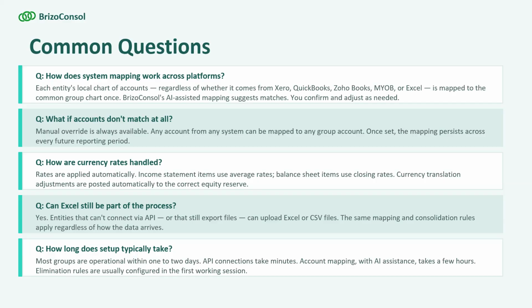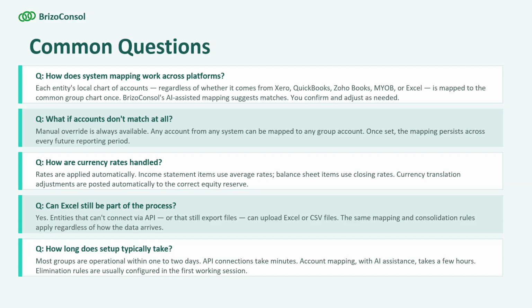Before I move on, let me quickly cover some of the common questions we get. One of the first questions is, how does the account mapping work when different entities use different accounting systems? The answer is that each entity keeps its own chart of accounts. Whether the data comes from Xero, QuickBooks, Zoho Books, MYOB, or even Excel, BrizoConsol maps those accounts to a common group chart of accounts.